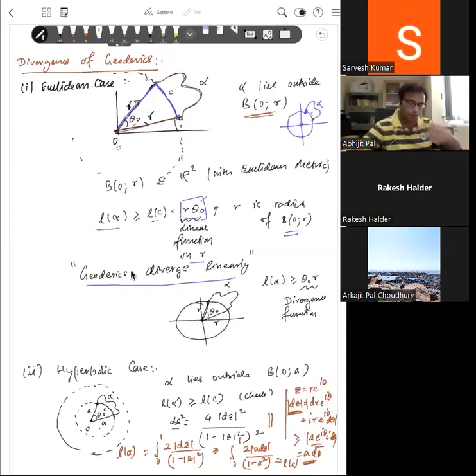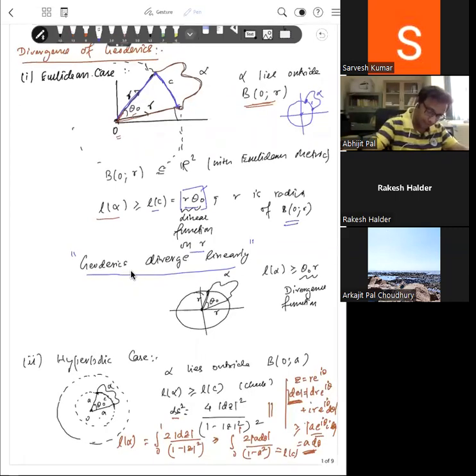Okay. So now let us try to do it in the hyperbolic case. Let us draw the same picture here. So we have this Poincare disk. Don't first look into this red thing; this computation I have done.